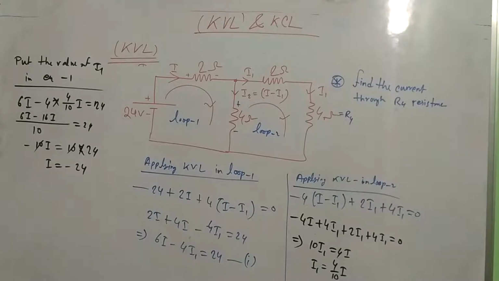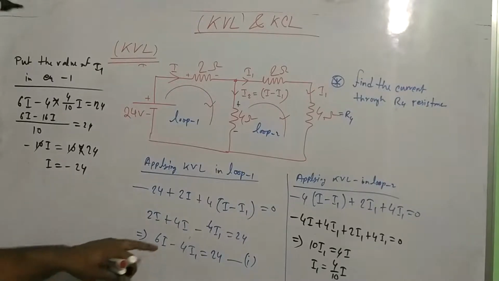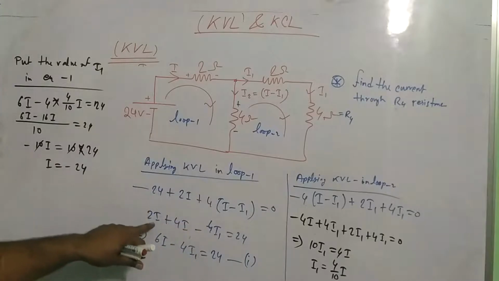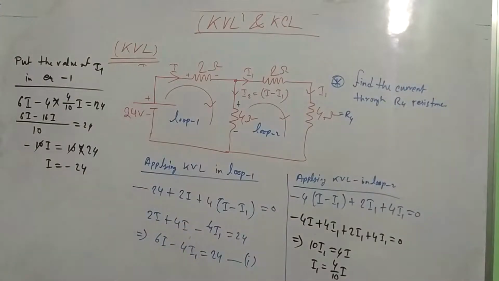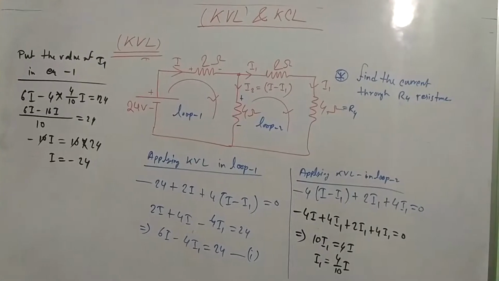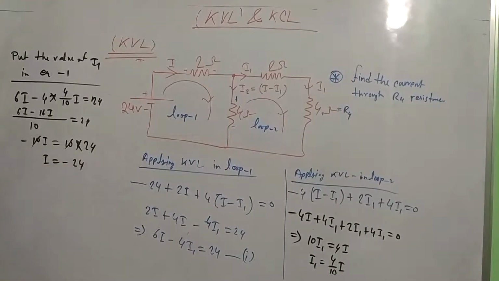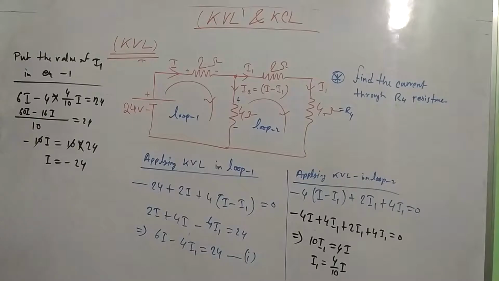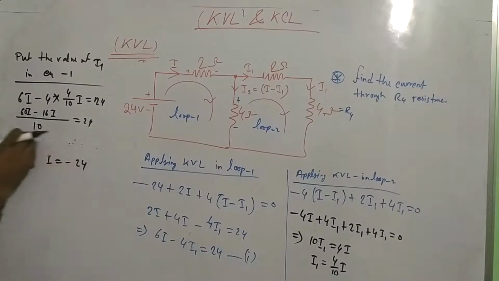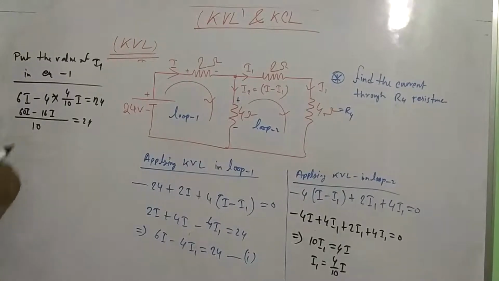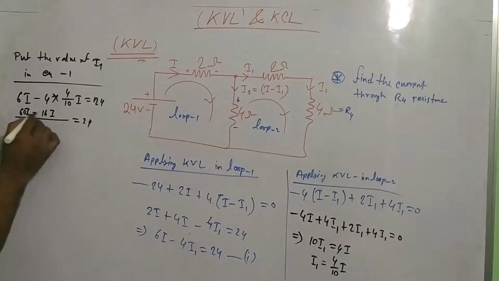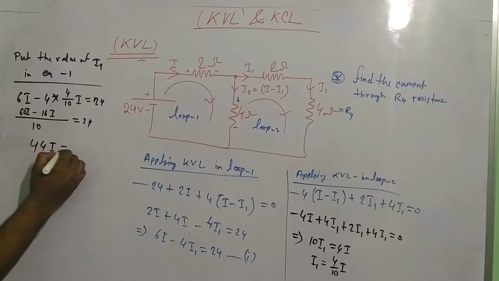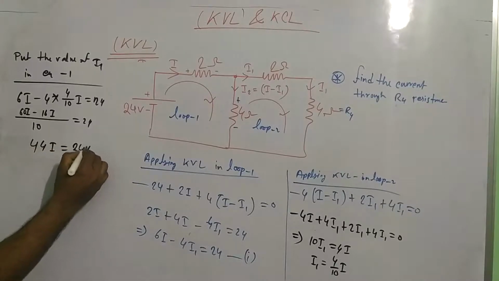Wait. When I check, okay, I made a silly mistake here. This is 60. So 60 minus 16, 44I equals 24 into 10.